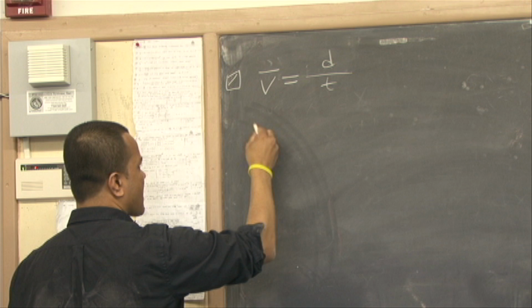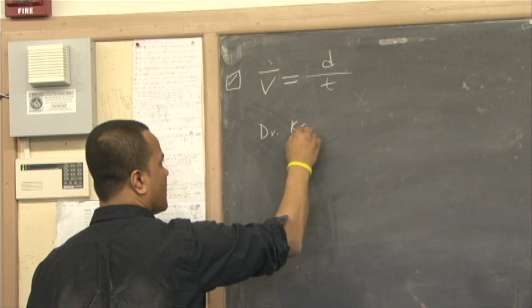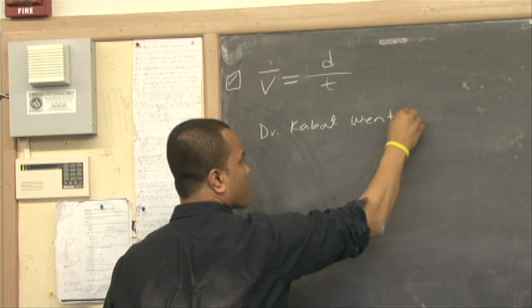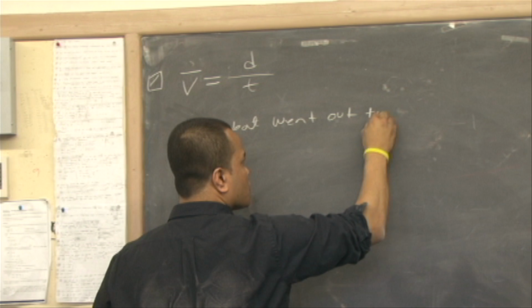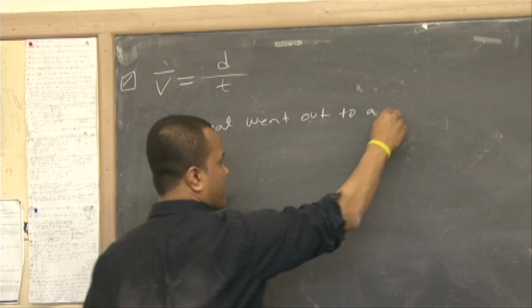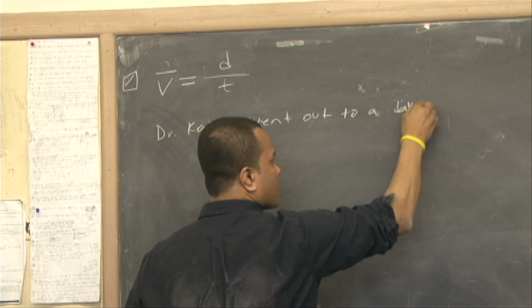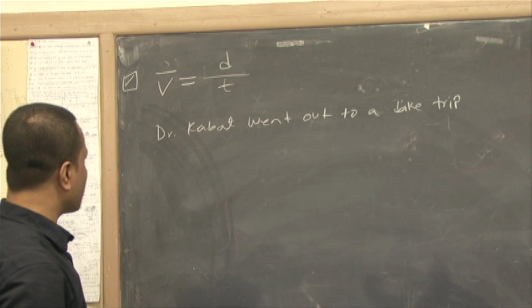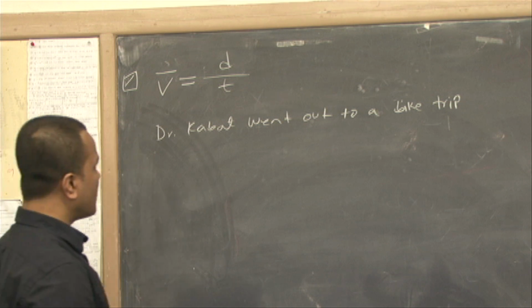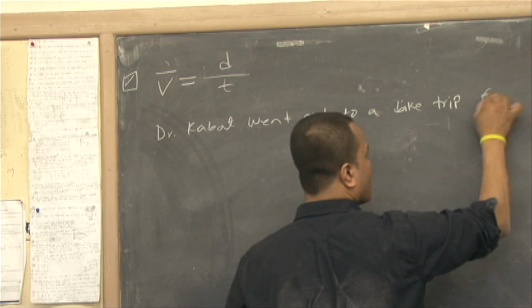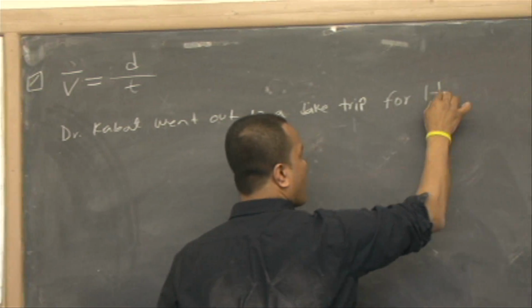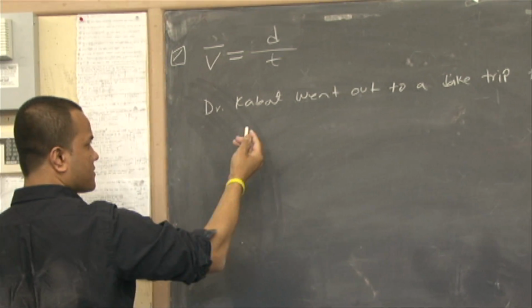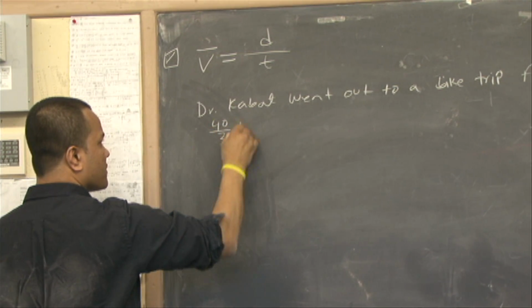Let's say Dr. Kabat went out on a bike trip. He is very concerned about his health, so he went out on a bike trip for 1.5 hours. The position function, we can write as p of t equals 40 over 3 t squared.